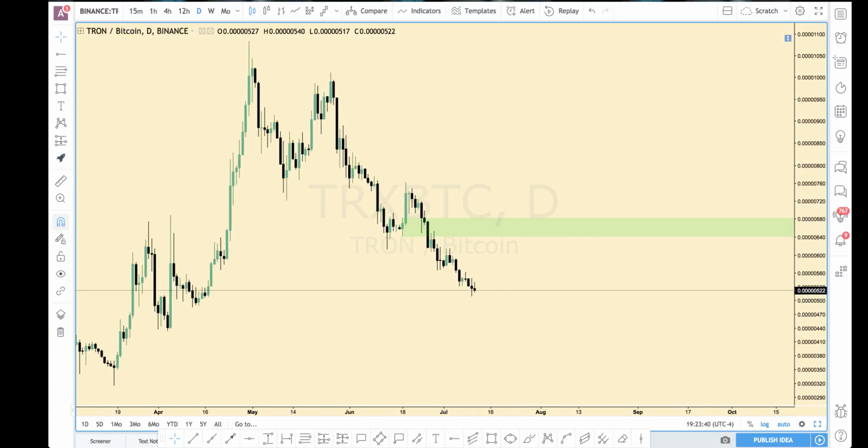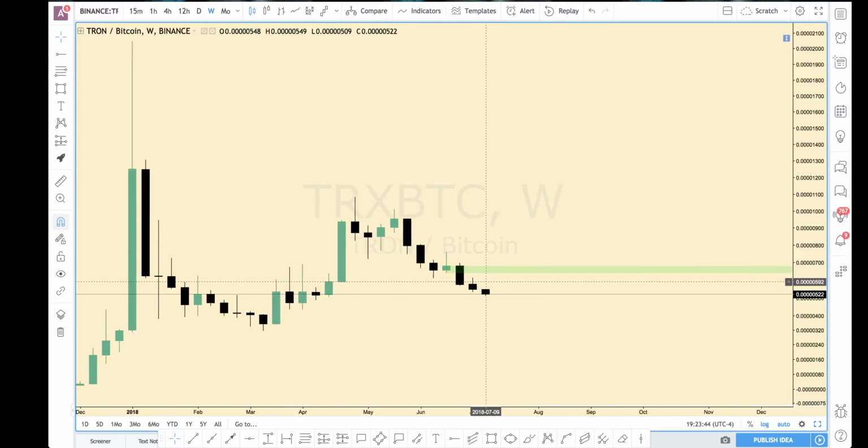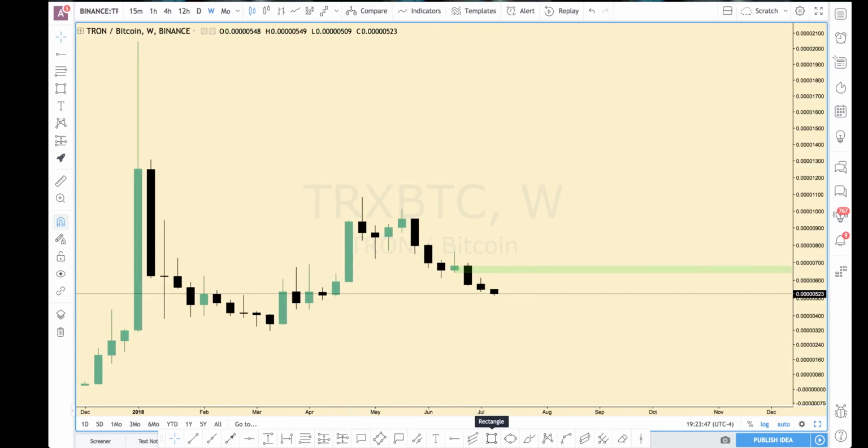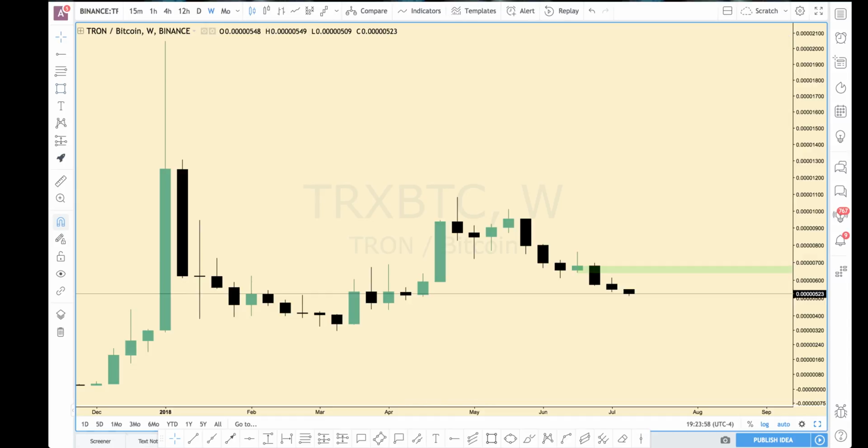As we said earlier, I do think this is possibly a great place to go long. Trying to figure out what's the best place to put this candle, just because you have this whole block of consolidation right here.